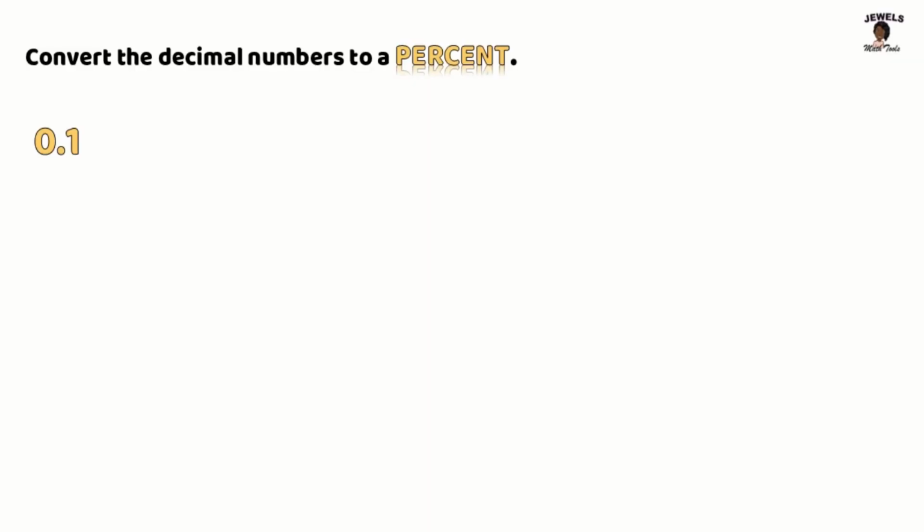To convert your decimal number into a percentage, remember that a percentage is always out of 100, which means that we're going to change our decimal number 1/10 into a percentage by simply multiplying it by 100%. This is the quickest and shortest way that you can change your decimal number into a percentage.